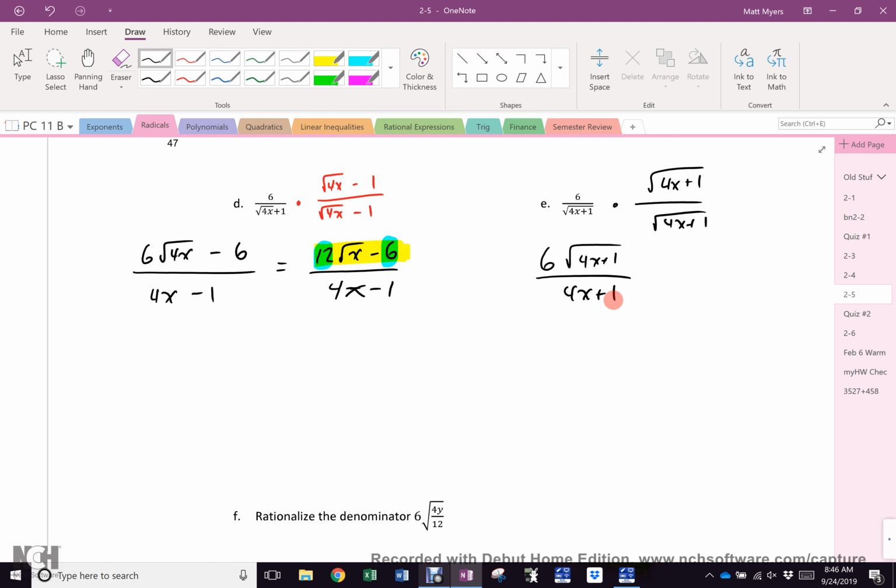You feel I could take the 2 out of there? So you're saying this would be 12 root x plus 1. Yeah? Nothing else you could take out of there? Why could I take the 1 out?